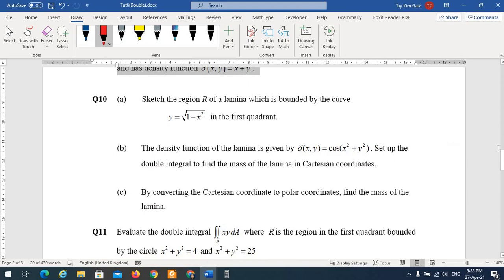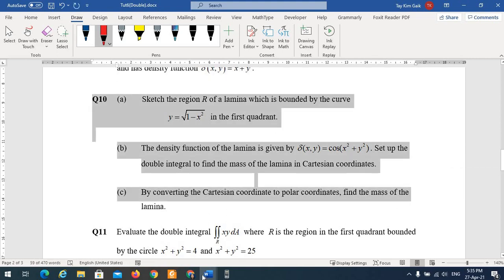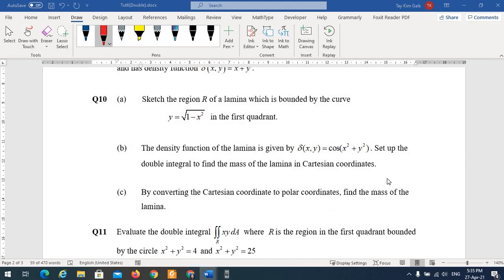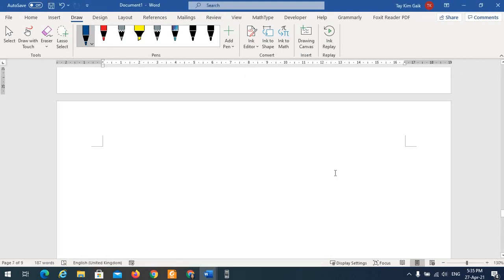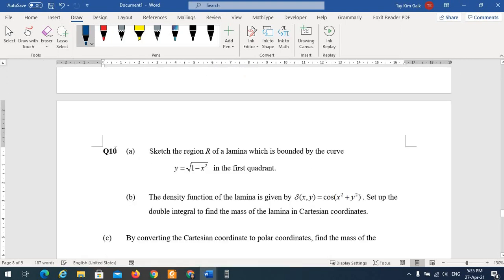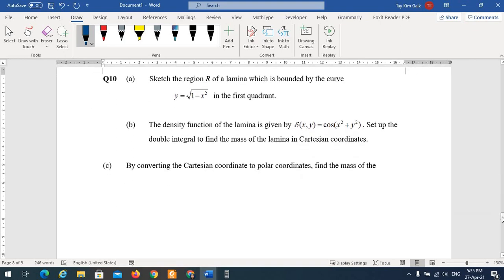Question 10. Again, it is mass of the lamina. Please sketch the region R of a lamina, which is bounded by the curve y equal square root 1 minus x squared in the first quadrant.